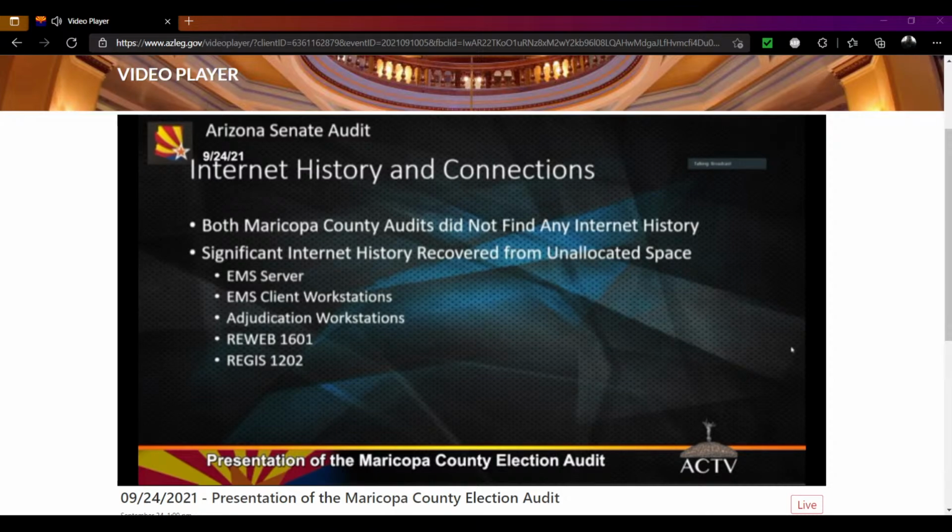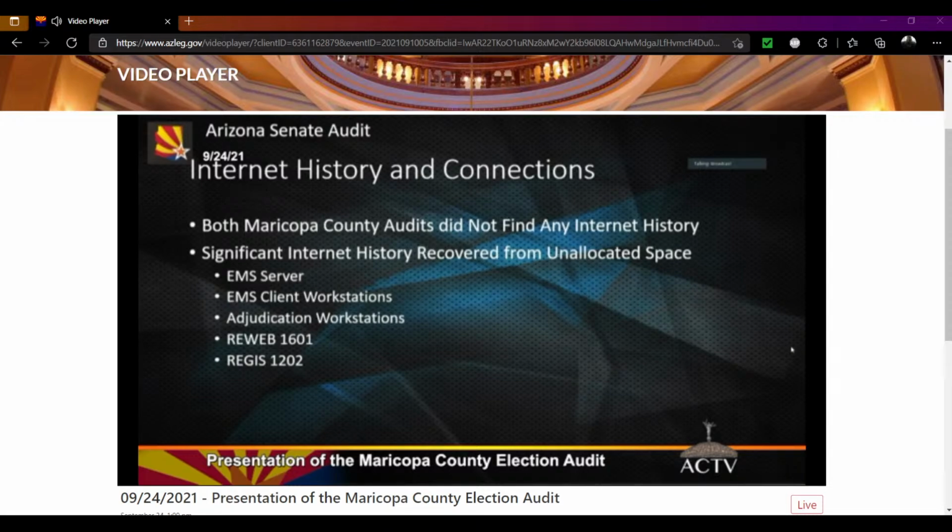And we found internet activity and multiple visits on the EMS server, 3 of the EMS client workstations, 1 adjudication workstation, and then the ReWeb 1610 and the Regis 1202.